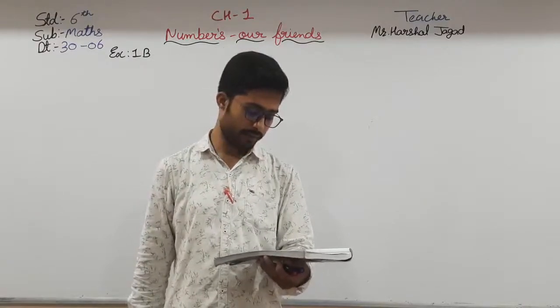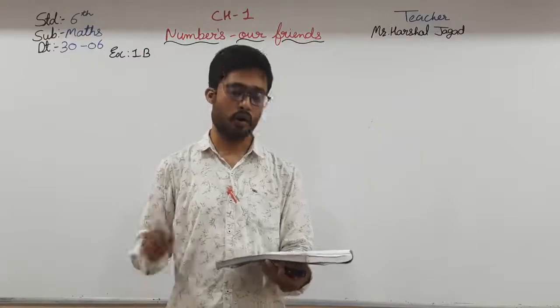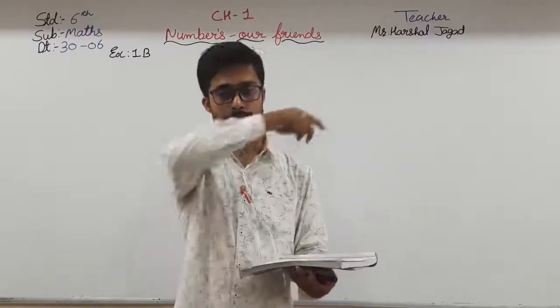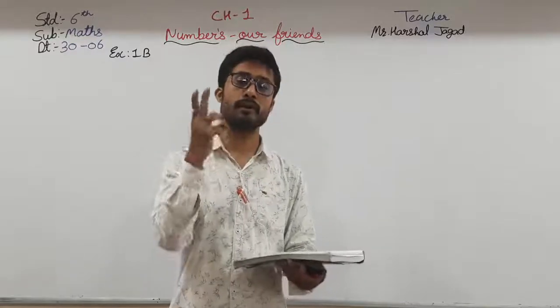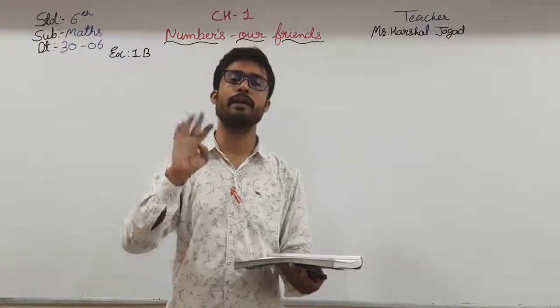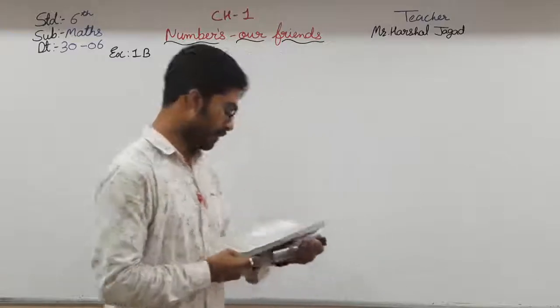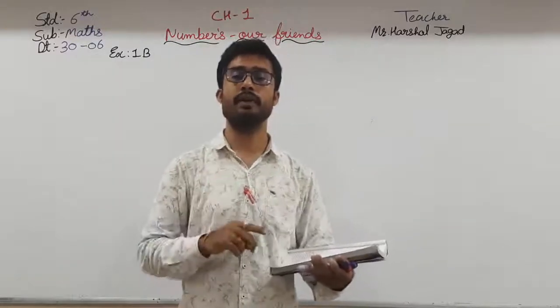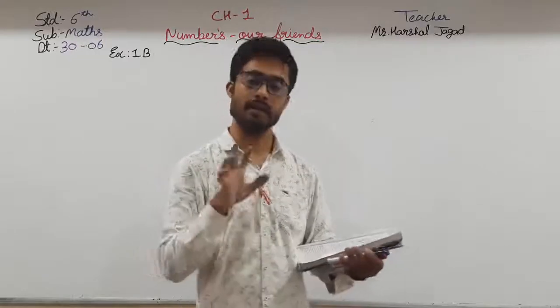Arrange the numbers formed in descending order. This is according to example number 13, in which we had 1, 2 and 3, and here it is 4, 5 and 6. There it was to be put in ascending and descending order both, but here we have to put it in descending order only.